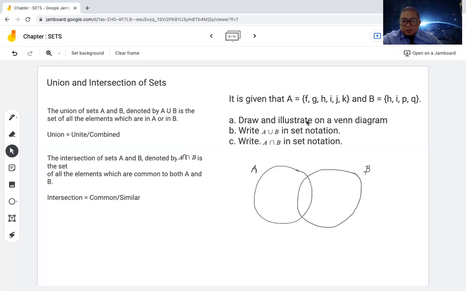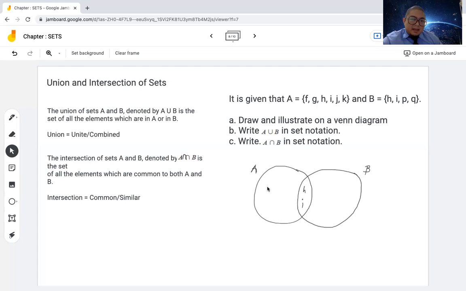In this portion, what we need to understand is that this spot that we have here pertains to the elements that are common to these two sets. Let's say, for example, I can see I here and I on the other side, so I can write I in the middle. At the same time, I can see H. Apart from those, I couldn't find anything else common between them.